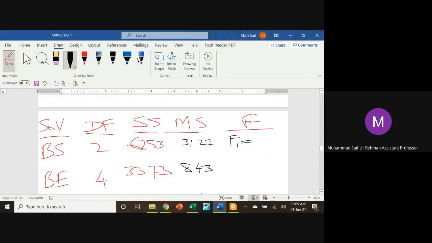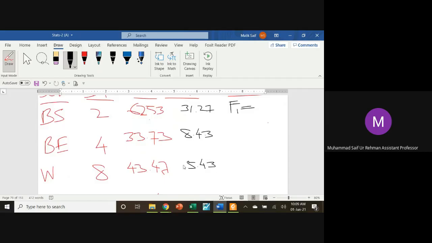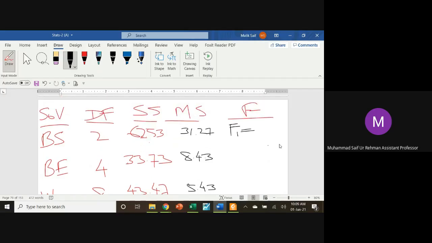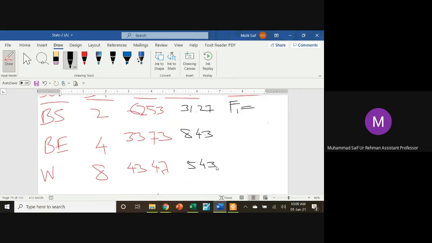F1 will be this value 31.27 divided by this value, as we have written in the decision rule. What is this? This is the estimated variance from between shifts. So you can write down 31.27 and divide it with this value, the estimated variance from within shifts. 31.27 divided by 5.43.